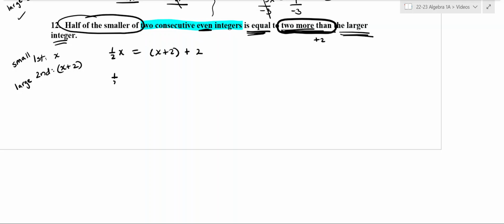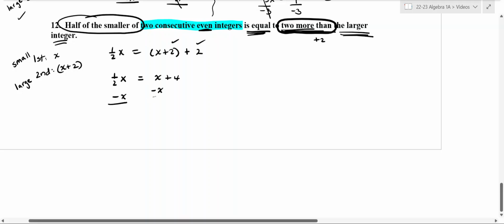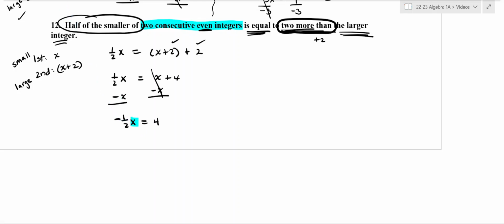The left is going to stay as 1/2 x. And this one is going to become x plus 4. The 4 came from the plus 2 plus 2. We're going to subtract x on this side. All right, so 1/2 x minus 1x is negative 1/2 x is equal to 4. And we're looking for this one, right?